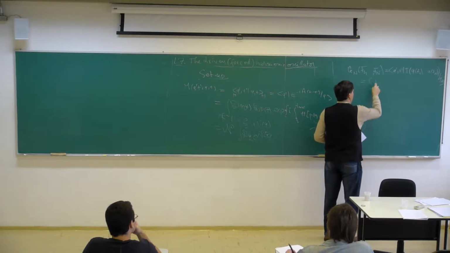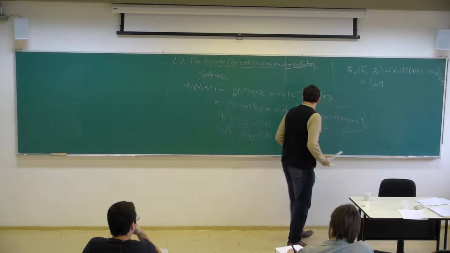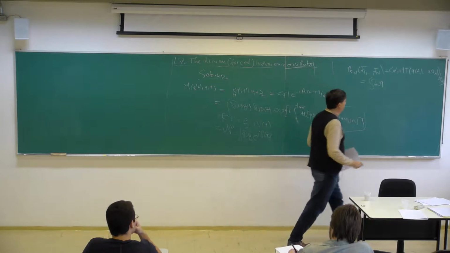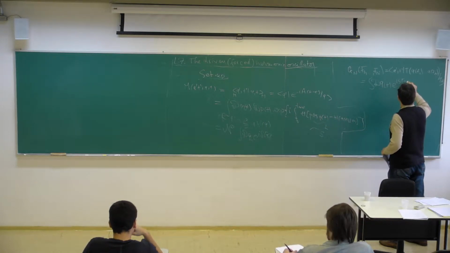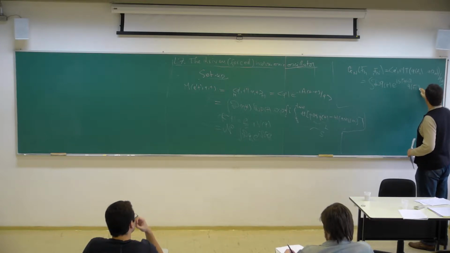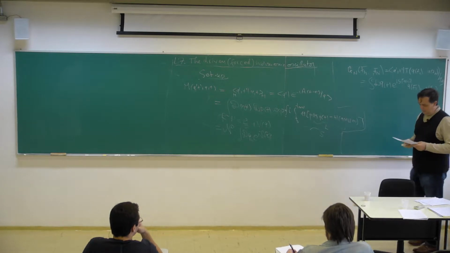And then this itself became the same path integral, but with the insertion of the same dq's. So e to the i s of q of t, but then insertion of q of t1, q of t1.